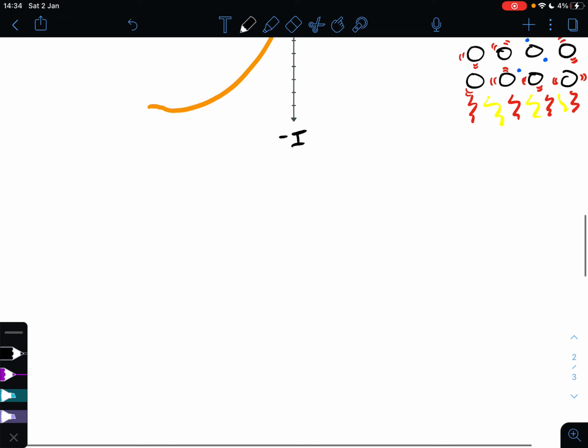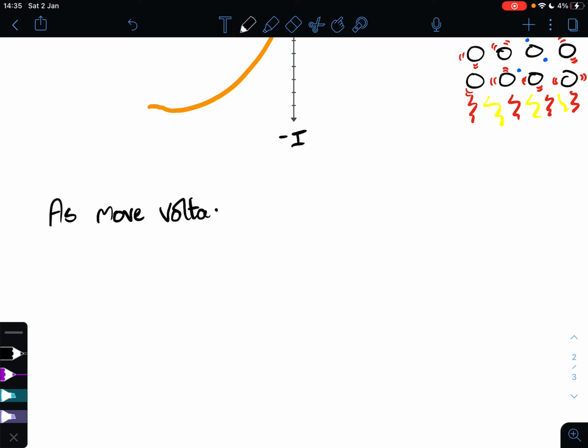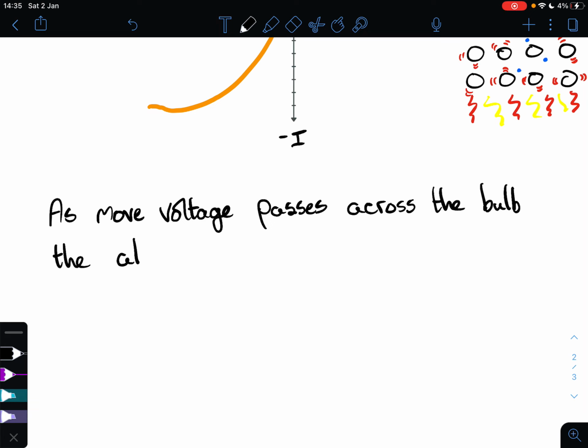So, as more voltage passes across the bulb, the atoms vibrate more.